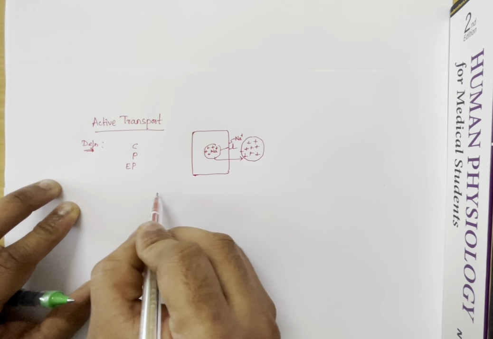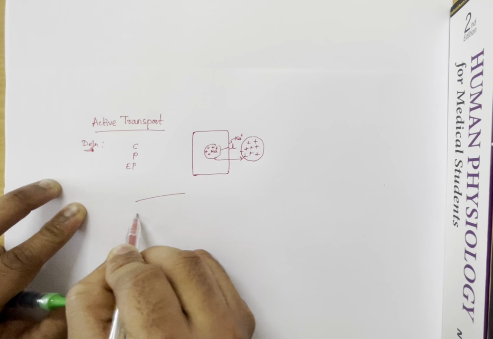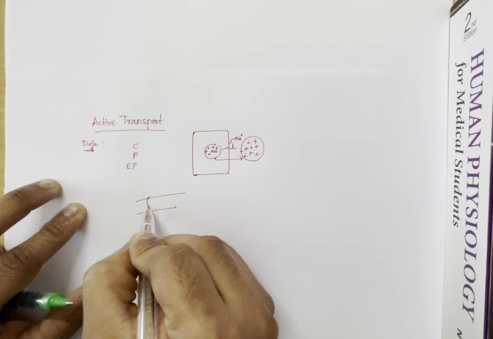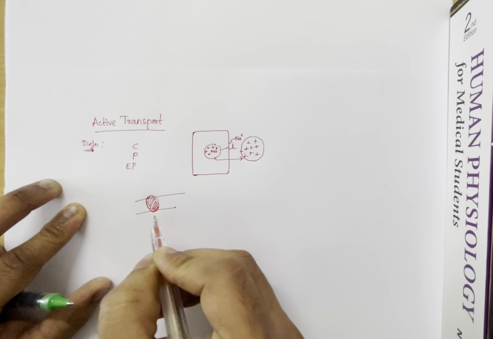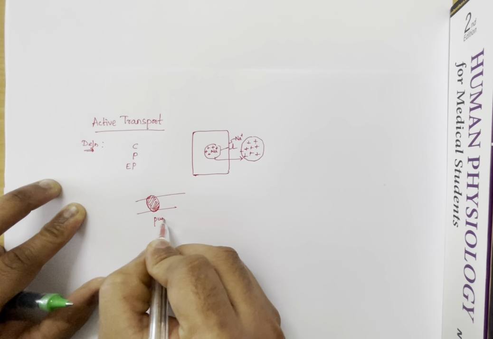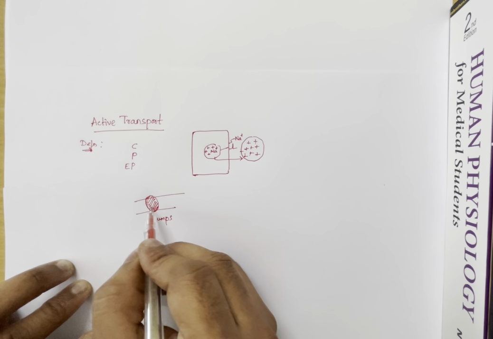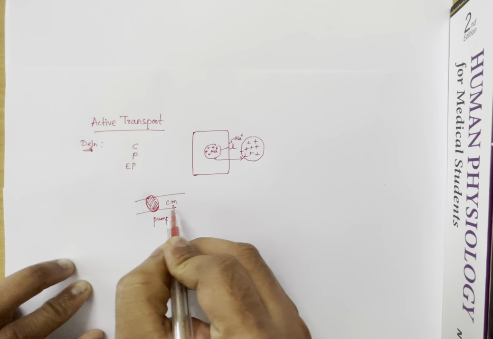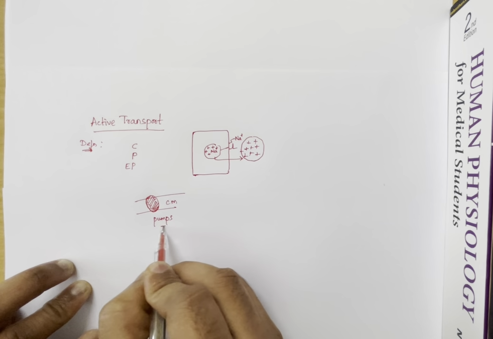Here you need to understand there are certain transmembrane proteins. The transmembrane proteins are acting like pumps. Transmembrane proteins are those proteins which are through and through the cell membrane. This is the cell membrane and this is the integral membrane protein or the transmembrane protein which is acting like a pump.